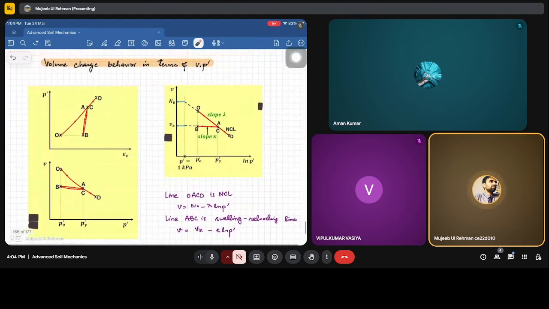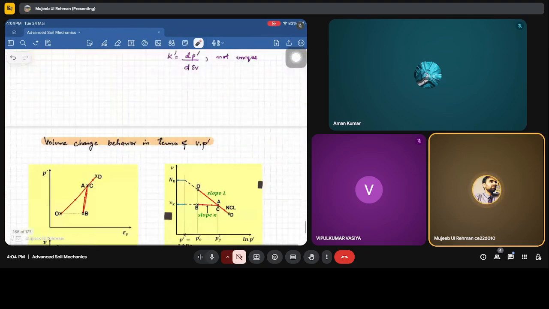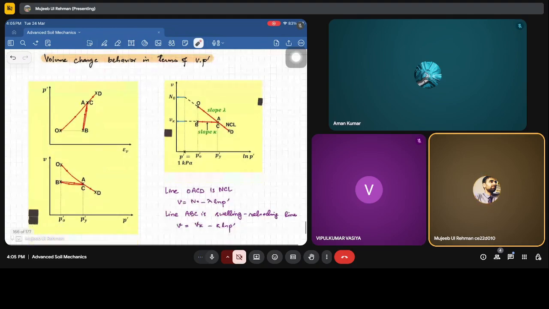So you can see this plot between p' and volumetric strain. It is similar to p versus e. Now what we are doing, it should be e versus p or specific volume versus p. Similarly, we are plotting the specific volume versus p. This is the initial condition.